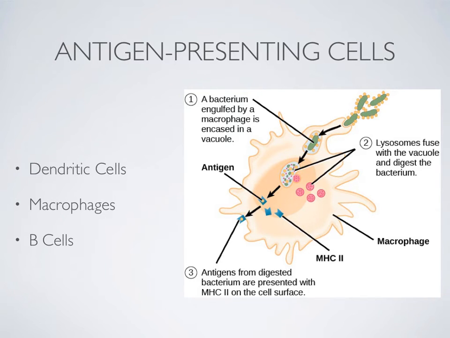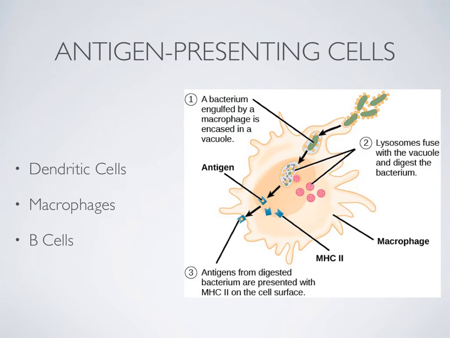So the three antigen-presenting cells are the dendritic cells. Dendritic cells are professional phagocytosing cells that live in the epithelium and the mucous membranes in high numbers, constantly sampling what's trying to cross that barrier. Remember, that's your first line of defense for immunity, are those barriers.